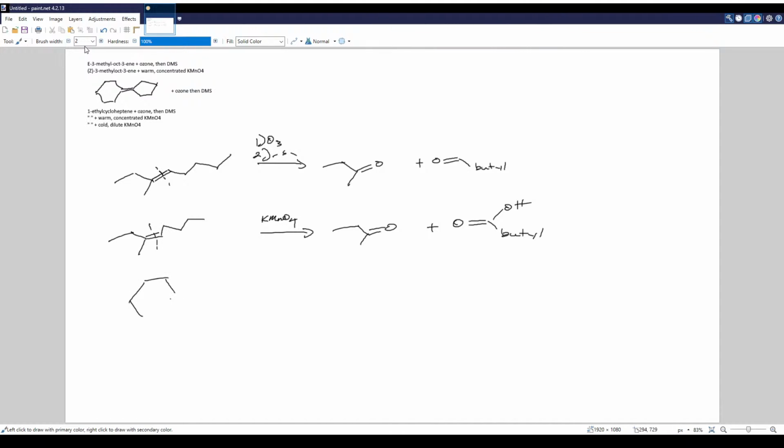Famous last words on the exam. Okay, this plus ozone, then DMS. Okay, and we're gonna slice this here. Oh, this should be quite easy. It would be the same as if it was permanganate, I think.